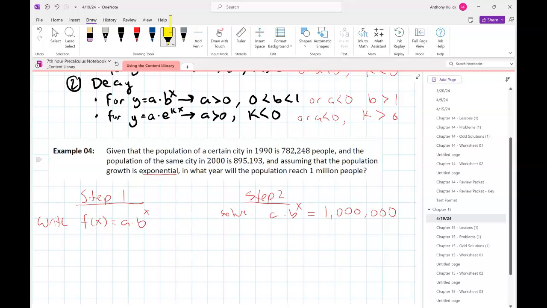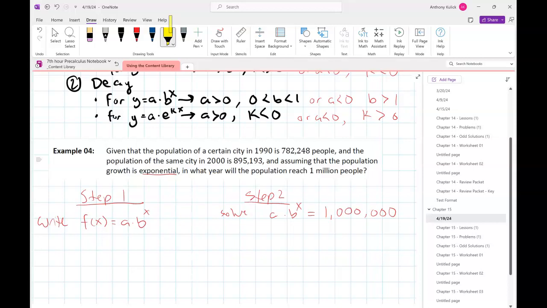Which one should be the independent variable, the date or the population? Maybe let's ask which one is the dependent variable. Maybe it's easier to think about it that way. Which one depends on the other? The population depends on the date, right?